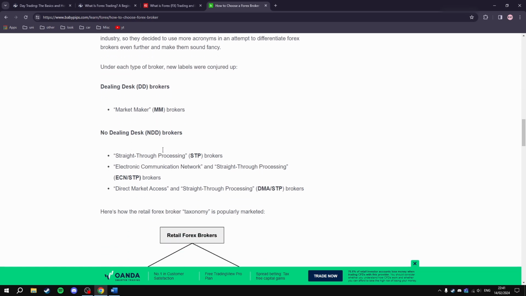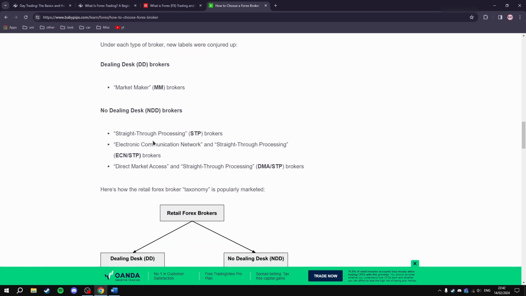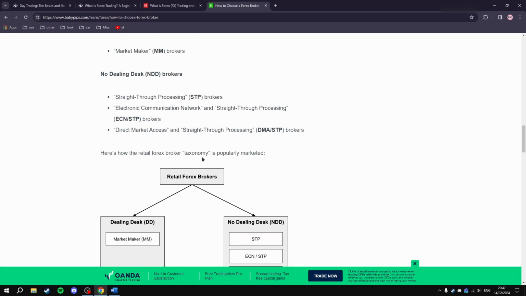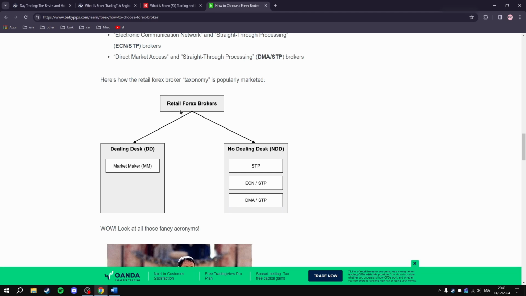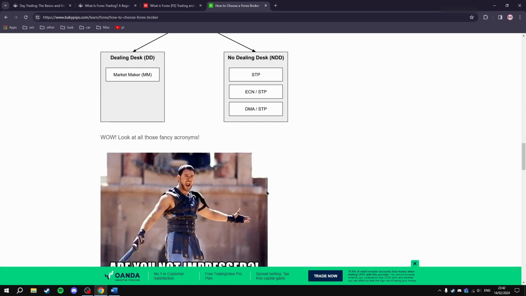Under non-dealing desk brokers, straight through processing brokers, electronic communication network and straight through processing brokers, direct market access and straight through processing brokers. Here's how the retail forex broker taxonomy is popularly marketed. So retail forex, dealing desk, market maker, non-dealing desk, STP, ECN, DMA.